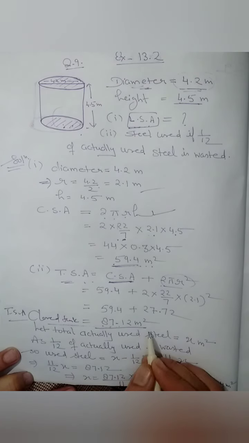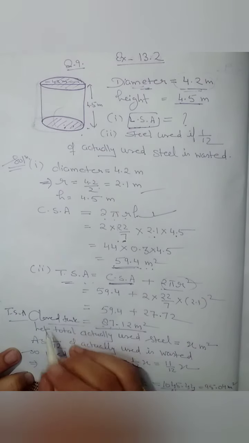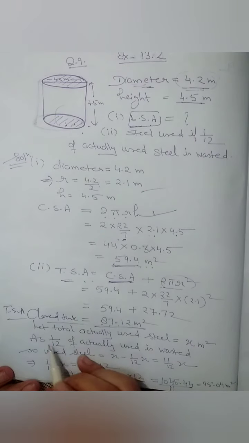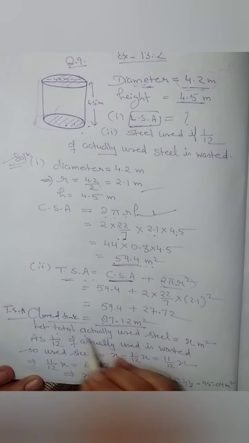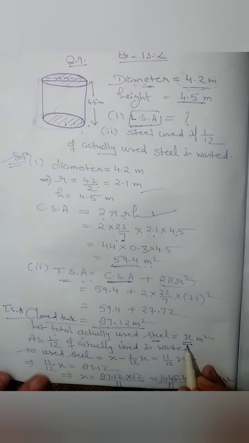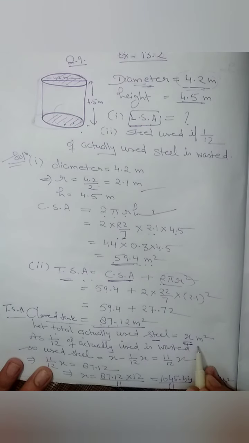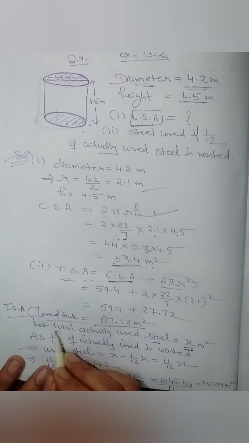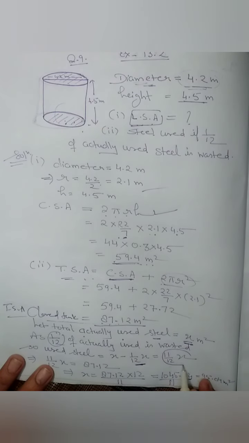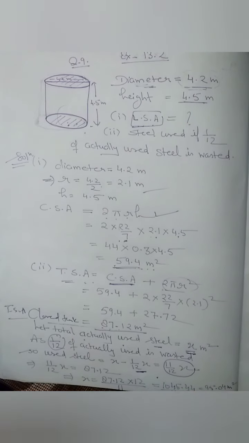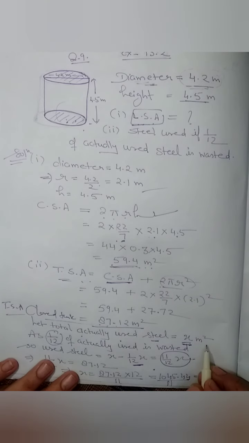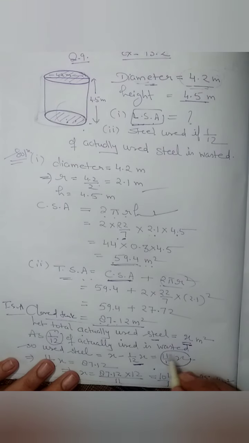Now according to question, 1 upon 12 of actually used steel is wasted. So let me consider the total actually used steel is x meter square. Out of this x meter square, wastage was 1 upon 12 of x. It means how much is used? 11 upon 12x. Once again I am explaining this. Here we are considering that x meter square steel is actually used including the wastage.